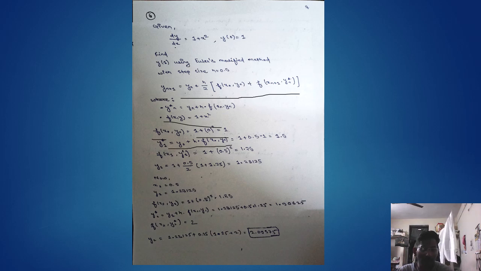The value of y1 is 1.5, and y2 is 1.25, and the x value is 0.5 and y2 is about 1.28.